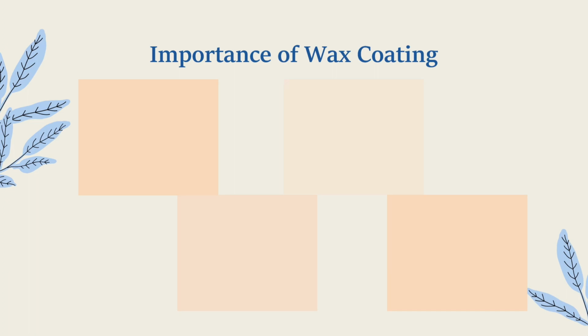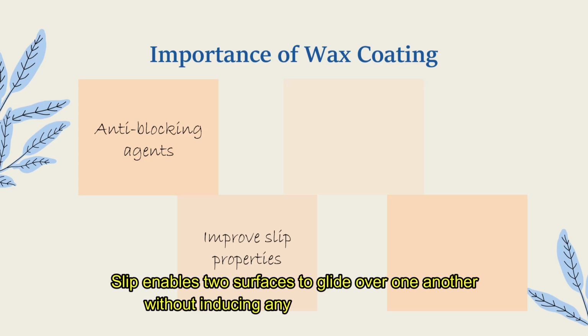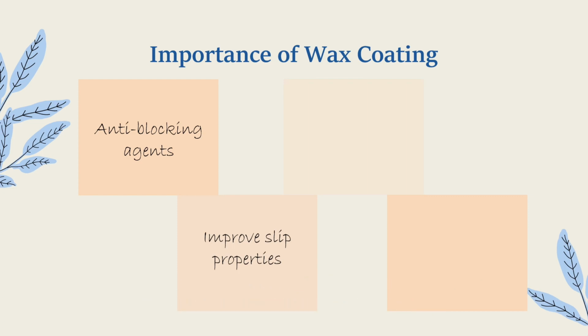In a nutshell, we can observe the importance of wax coating from the experiment. In coating, wax functions as an anti-blocking agent. Second, it can help improve slip properties. For example, harder waxes enable better slip properties. Slip enables two surfaces to glide over one another without inducing any mechanical damage.